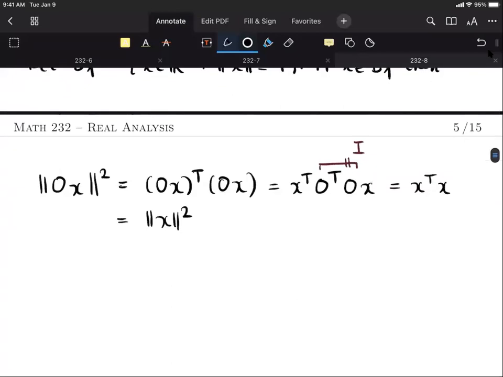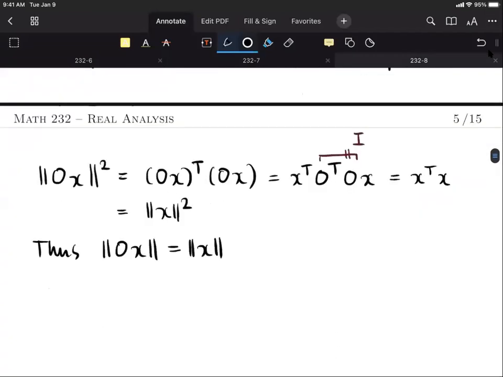And therefore, taking the square root, and since X is in B1, this is less than or equal to 1. So that OX is also in B sub 1.